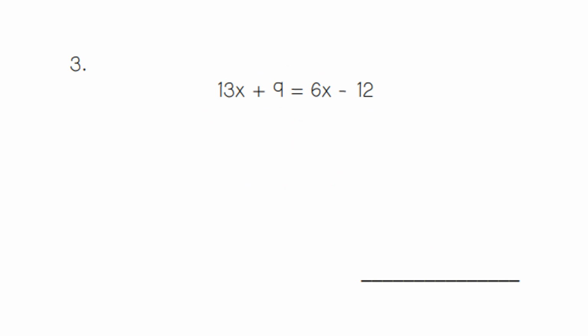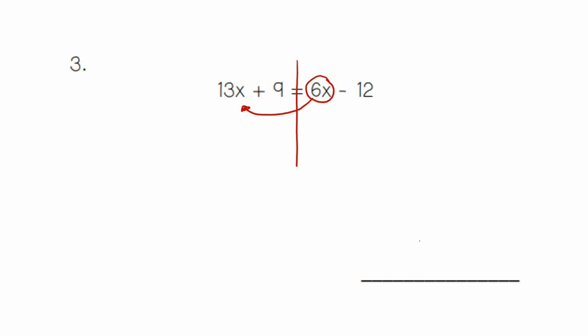Number 3, again, there's no parentheses, so there's no multiplication. There's no combining like terms. We go straight into step 3. We take the smaller variable, 6, and we move it to be with the larger variable, 13.